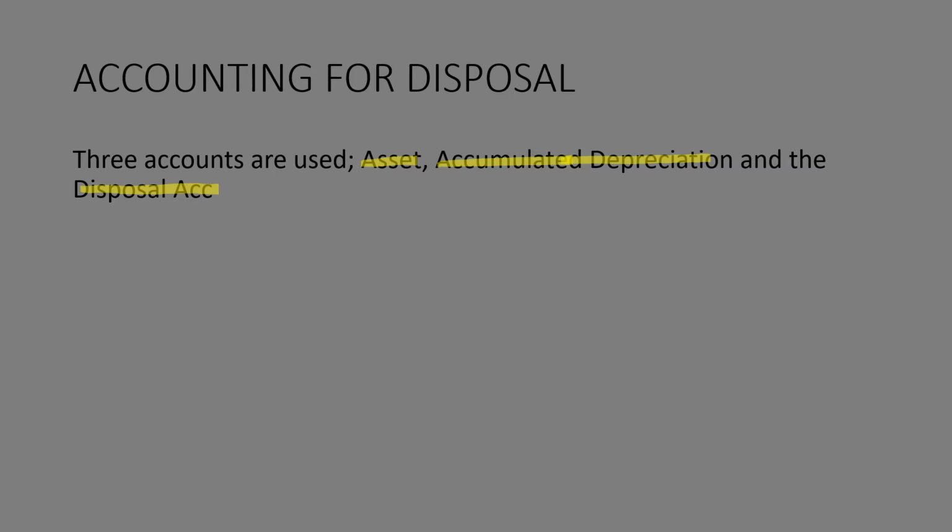So if I draw just simple T accounts, I've got the asset account, then the accumulated depreciation account, then the disposal account.